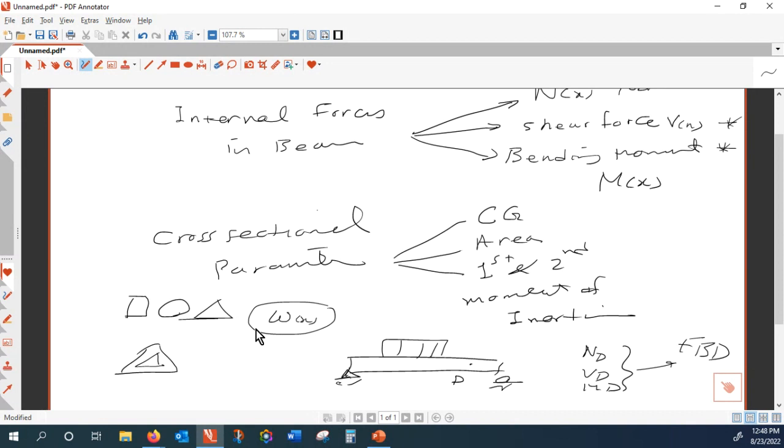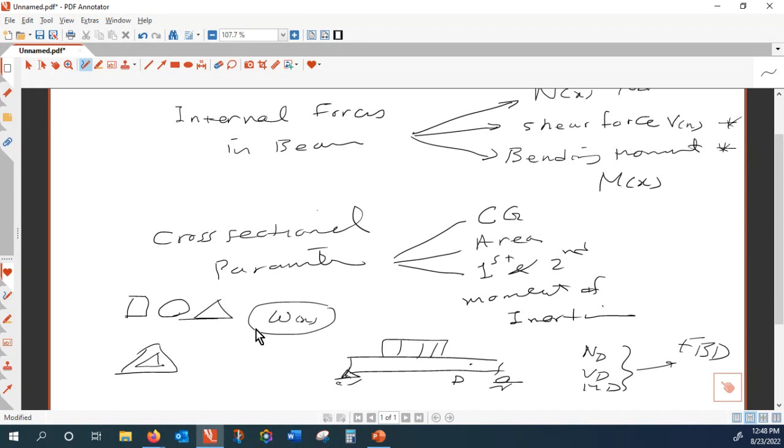So that's the definition. But the variation could be linear, constant, quadratic, right? So W of X, we call this the intensity of the load. And when we say intensity, it means this is not Newton. This is Newton per meter, Newton per area, Newton per volume. In your case, most of the problems you deal with are Newton per meter.